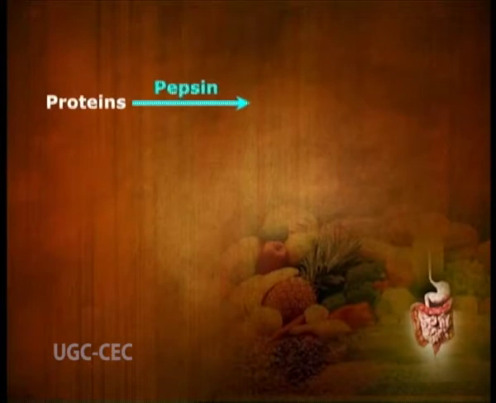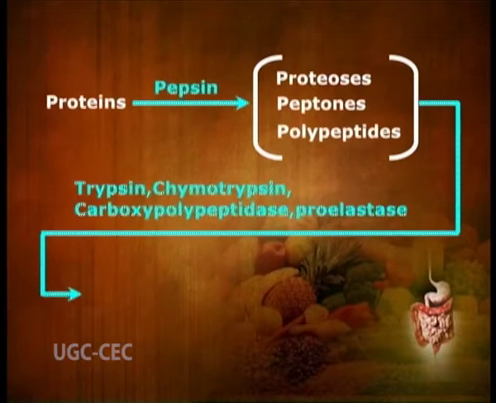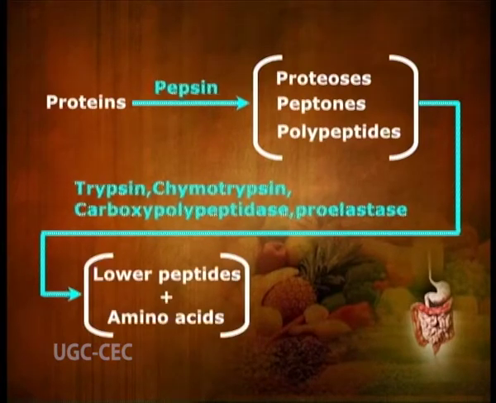Pepsin is the proteolytic enzyme of gastric juice and converts all digestible proteins up to the peptone stage. Trypsin, chymotrypsin, carboxypolypeptidase and proelastase are the proteolytic enzymes of pancreatic juice that act on proteose, peptones and polypeptides and convert them into lower peptides.